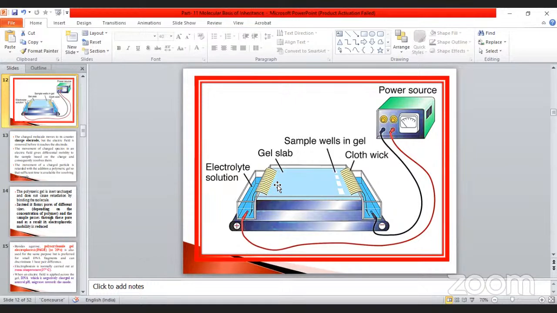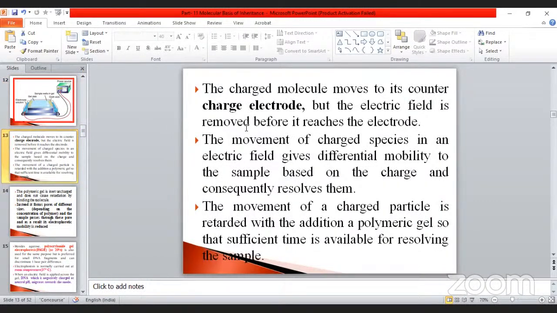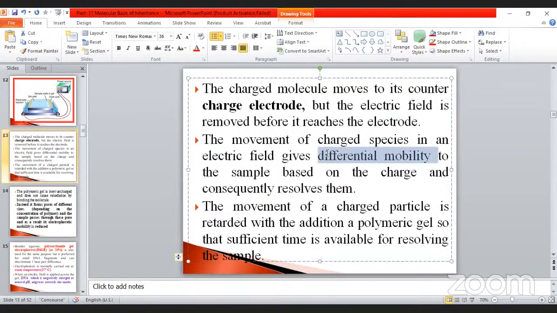Before touching the electrode, we switch off the entire system. That is the point. The movement of charged species in an electric field gives differential mobility. Different mobility, as I already told you, means each one has a specific band.